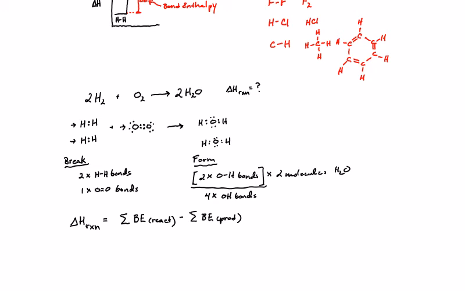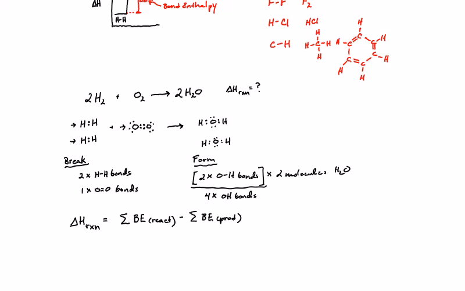Remember, if we're putting energy in, the bond enthalpy is going to be positive. Or I should say, the contribution from the bonds forming is going to be a positive value. And for breaking, actually I said that backwards, and that's not really that important anyway, so let's just leave that at that. So it's going to be the bond energies of the reactants minus the bond energies of the products.